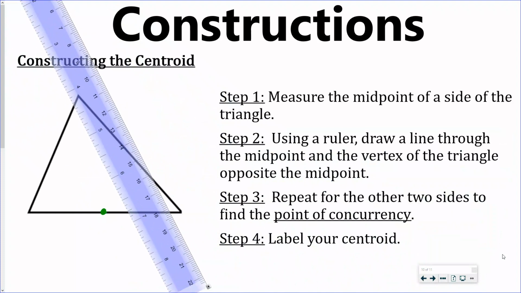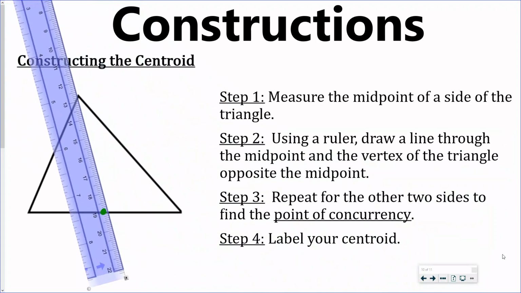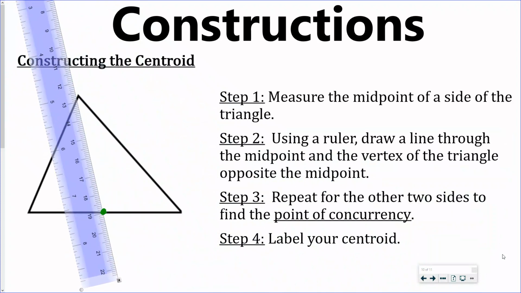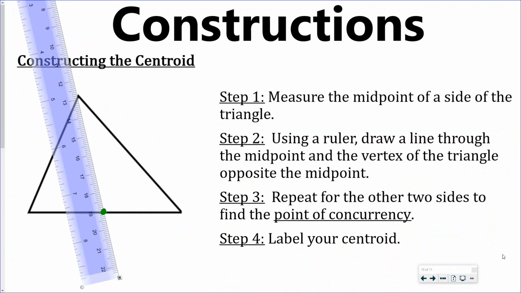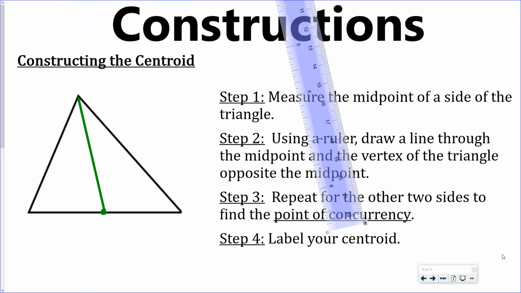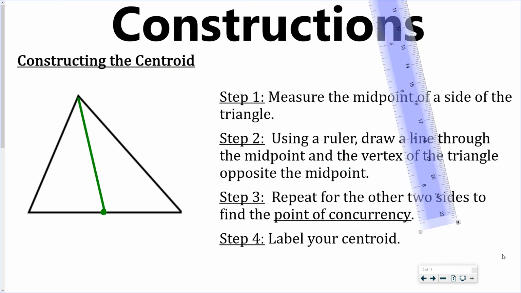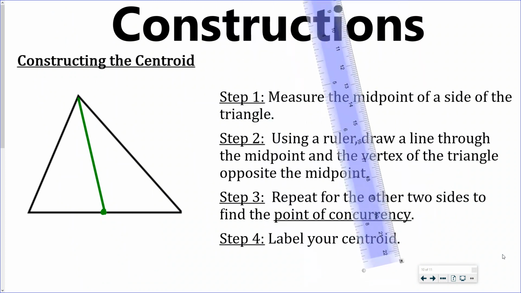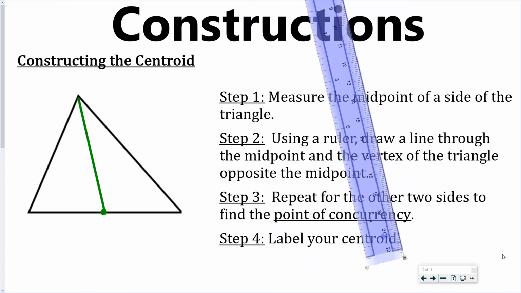Okay, so let me get my ruler here. That's looking pretty good. There we go. There's one median, from my top vertex. So now we're going to do the same for the other two sides.